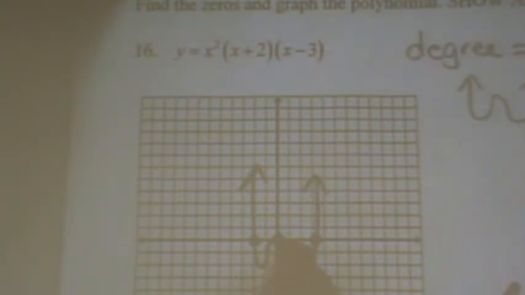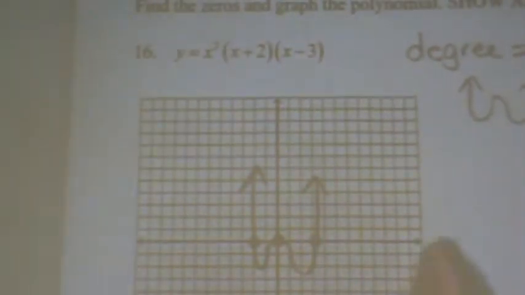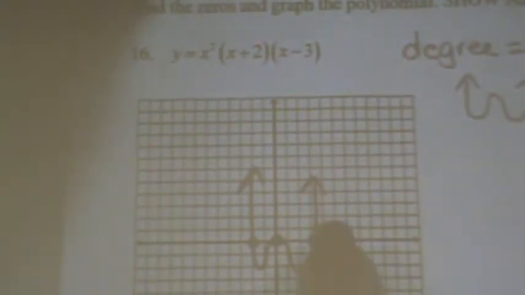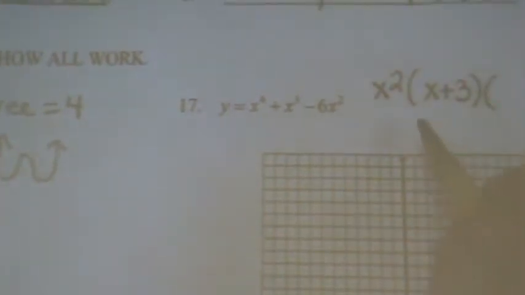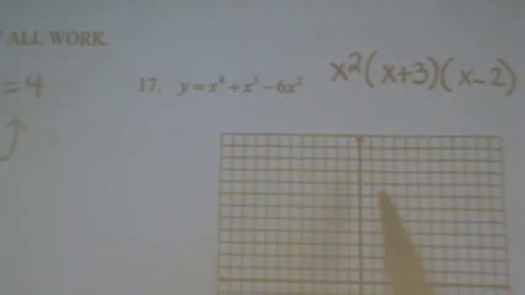On your test, I made you pick numbers between 0 and 3, remember that? I wanted to see how far down, you had to make a T-chart, but you don't have to do that. This one, you're going to want to factor it, take out an x squared, and factor it completely. The only difference between that problem and this one is this one's not factorable. So you do the same thing.